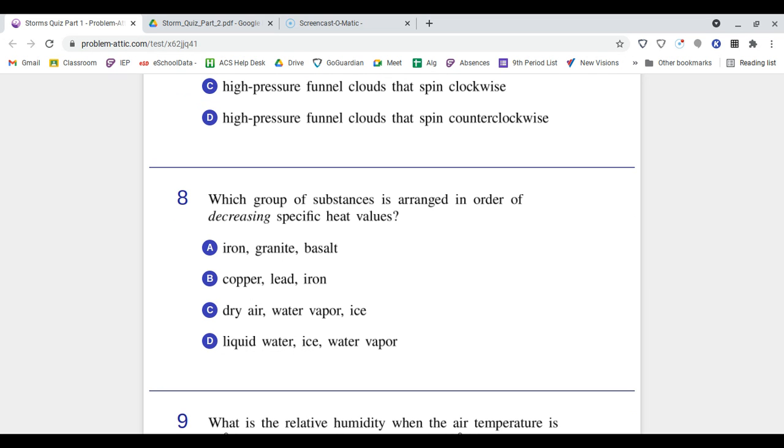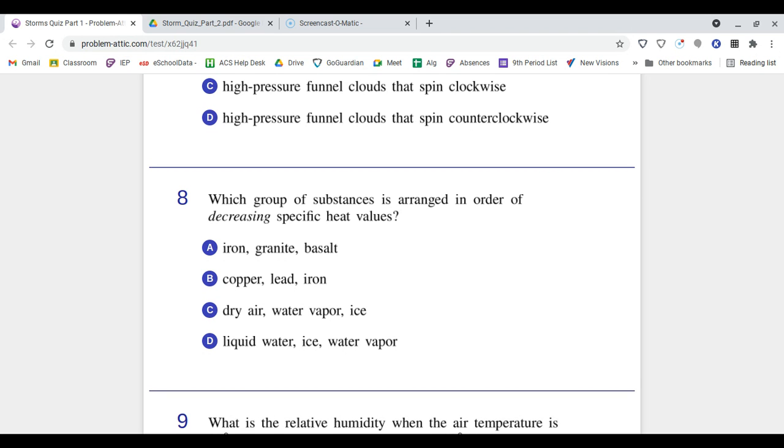Number 8. Which group of substances is arranged in order of decreasing specific heat values? I'm thinking about what we're learning about. So I would take away what too?